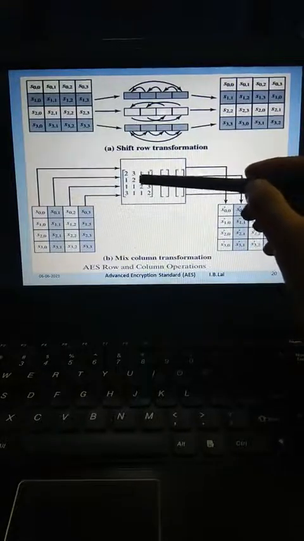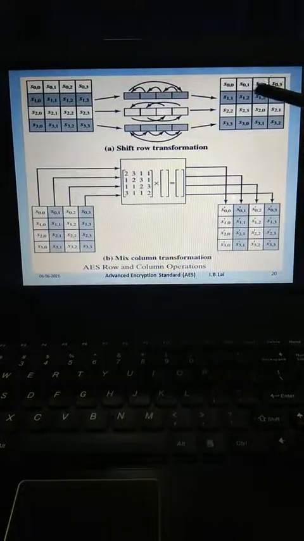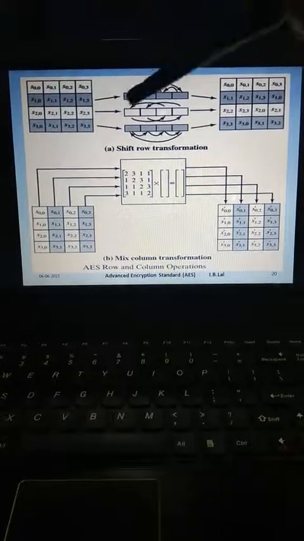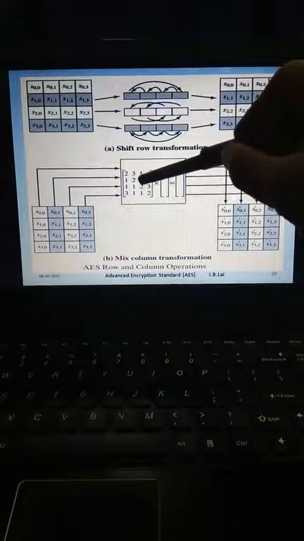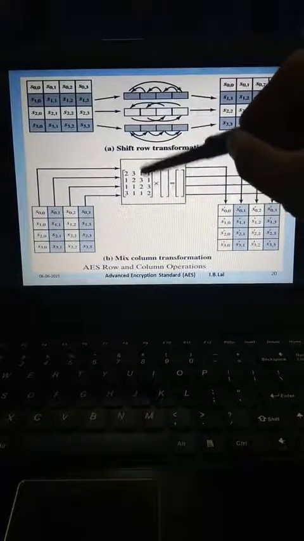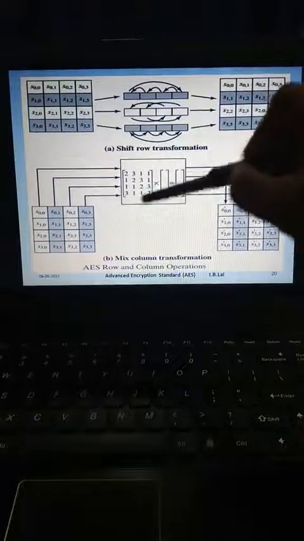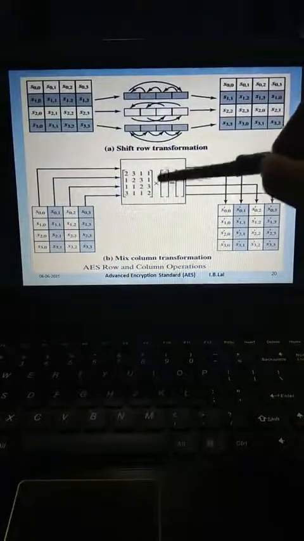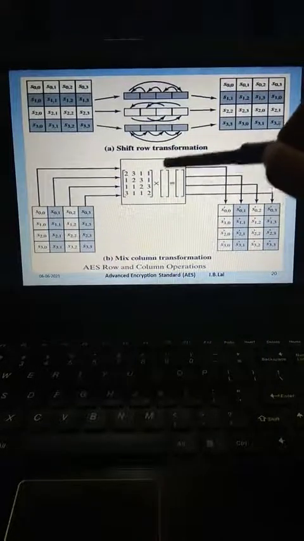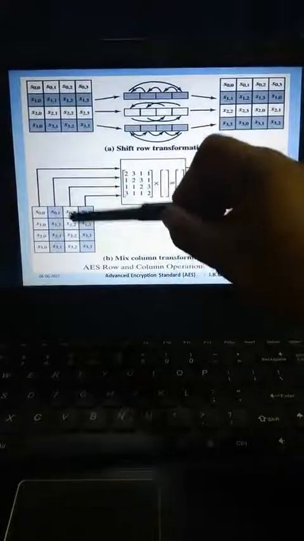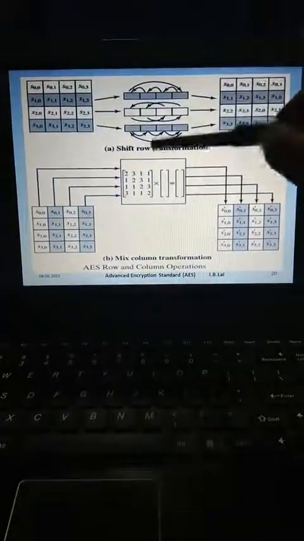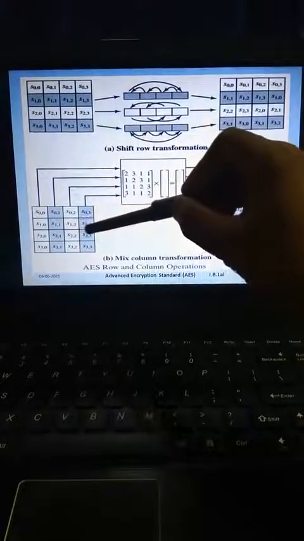Okay. Now this is the input matrix, input array that has come from the shift row transformation process. Now here matrix multiplication would take place, means this is the matrix of 4, 4, and we have to multiply with one word of this output of shift row process.